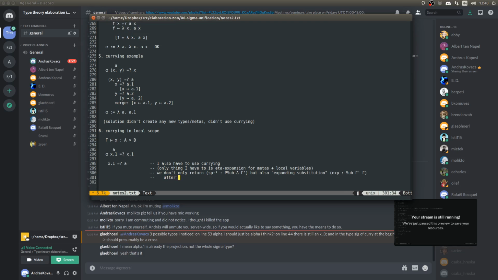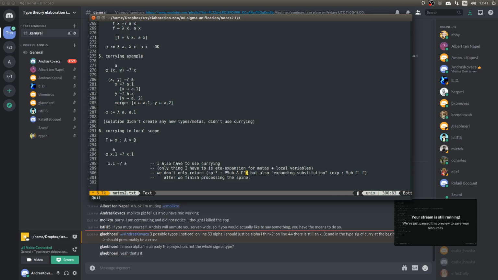So then after we finish processing the spine, we can compose this sp minus 1 together with the exp, and that's going to be our actual partial substitution which we use to process the right hand side.